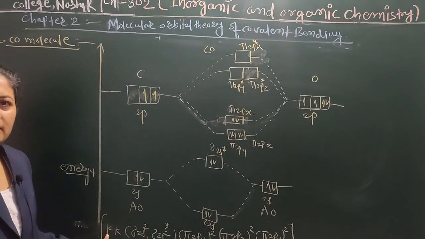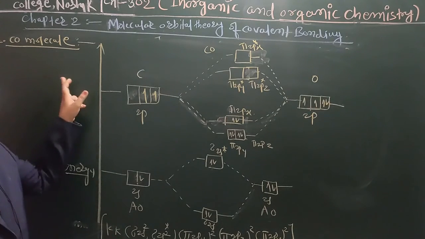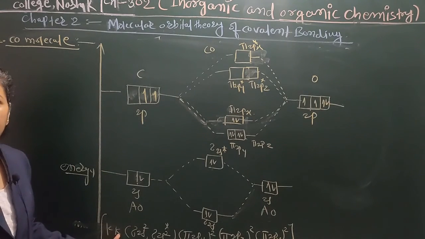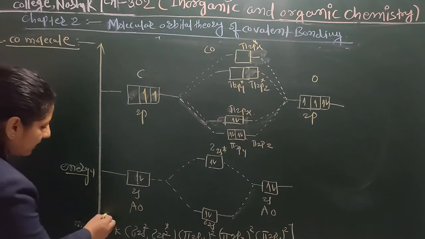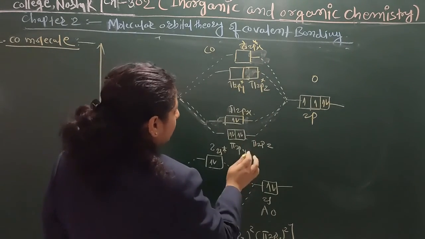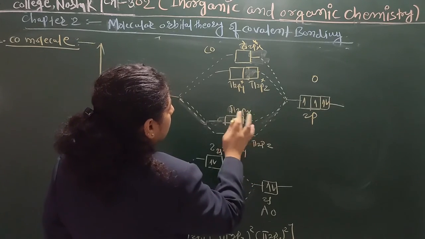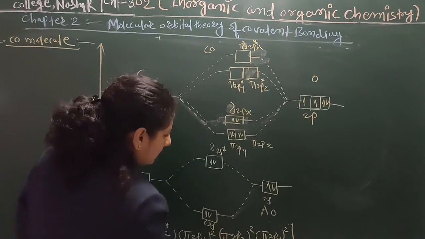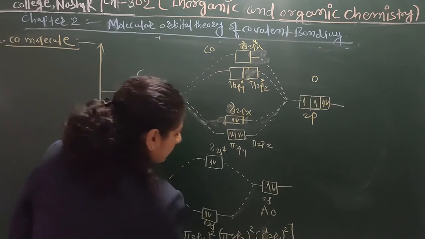Again, for the 1s electrons of carbon and oxygen respectively, we can use the letter K for 2 times, and sigma 2px 2, here also sigma 2px.